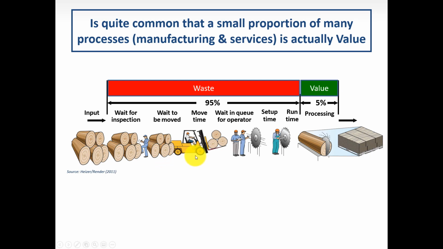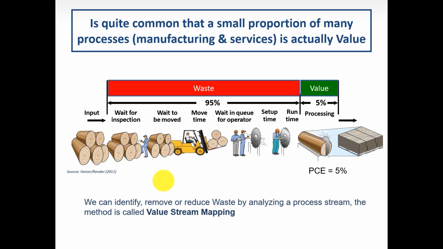They are being moved here and there, waiting to be manufactured, and finally they get processed, and it's only 5%. The rest of the time is just waste. And that's a lot of money and a lot of effort. It has to be recognized and seen like that so it can be improved and optimized. So we can identify, remove or reduce waste by analyzing a process stream.